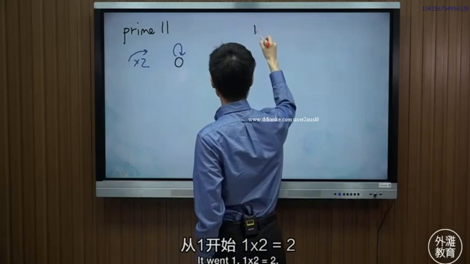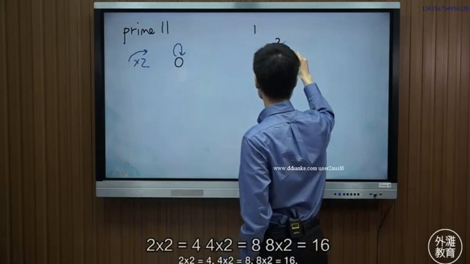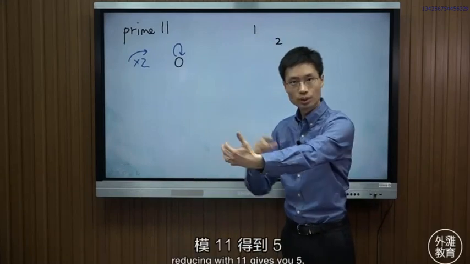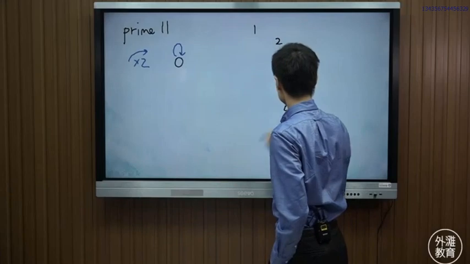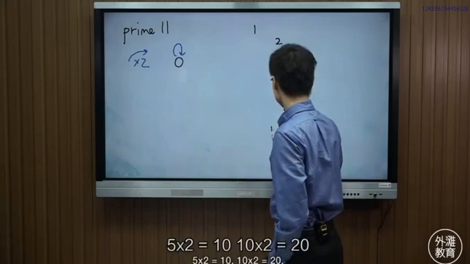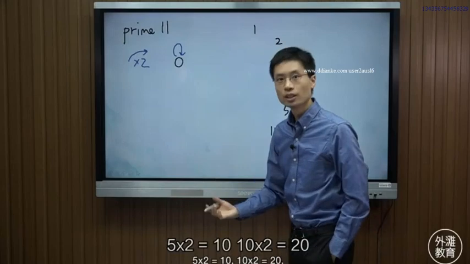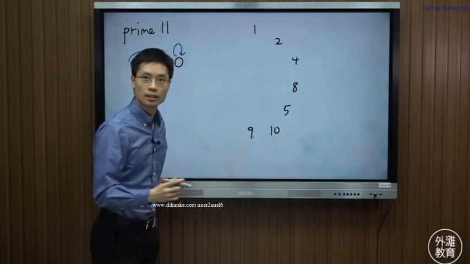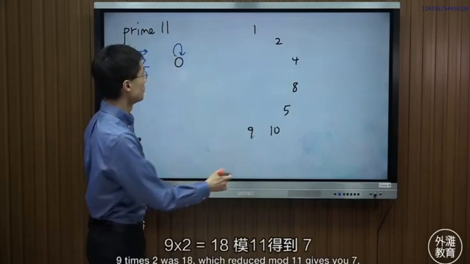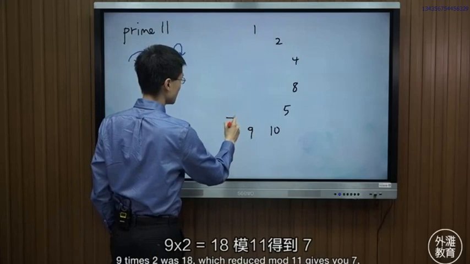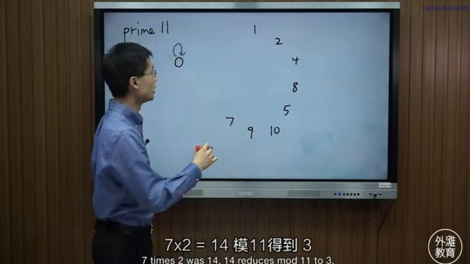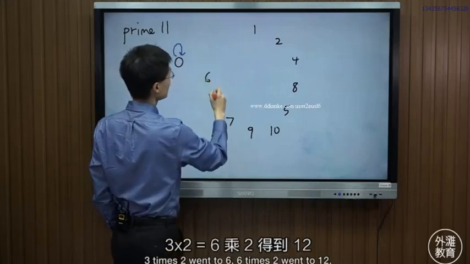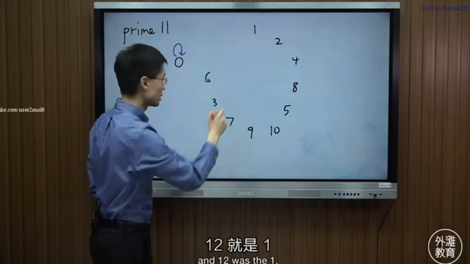It went 1, 1 times 2 was 2, 2 times 2 was 4, 4 times 2 was 8, 8 times 2 was 16, reducing with 11 gave you 5, 5 times 2 was 10, 10 times 2 was 20, 20 reducing mod 11 gave you 9, 9 times 2 was 18, which reduced mod 11 gave you 7, 7 times 2 was 14, 14 reduced mod 11 to 3, 3 times 2 went to 6, 6 times 2 went to 12, and 12 was the 1.